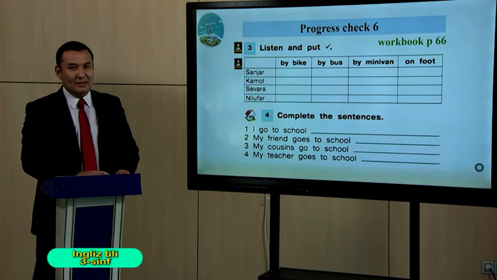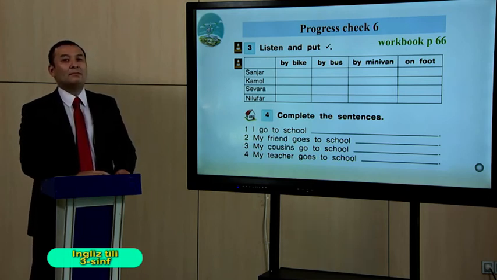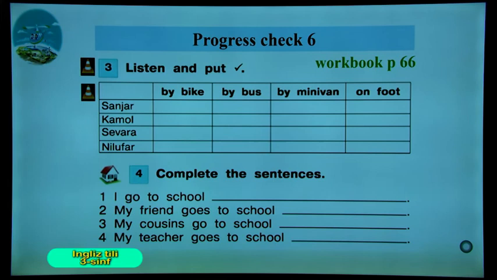Okay. Once again, second time. Listen and put. Sevara goes to school by minivan. Kamal goes to school by bus.